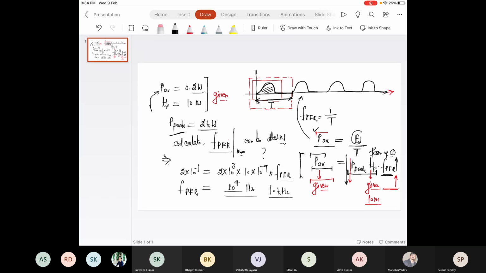Because these values are taken from the real system. You see, average power is very less, only 0.2 watt, while the peak power is 2 kilowatt, very high.